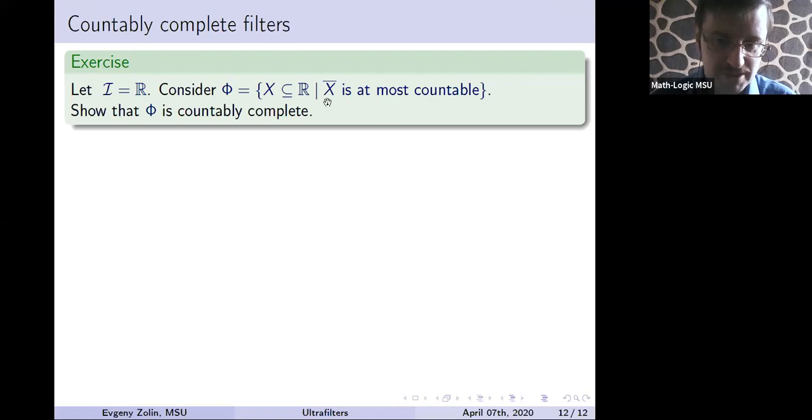Then for complements, this simply means that we take the union, but the union of countable sets is countable. So this intersection is again an element of phi. So phi is closed under countable intersections, not only finite, but also countable intersections. So it is countably complete. So now we have examples of complete and incomplete filters.